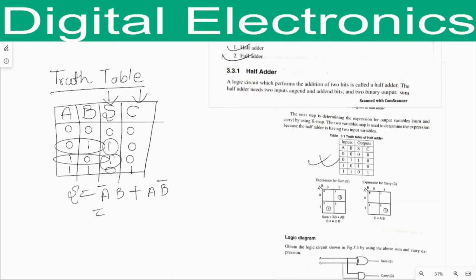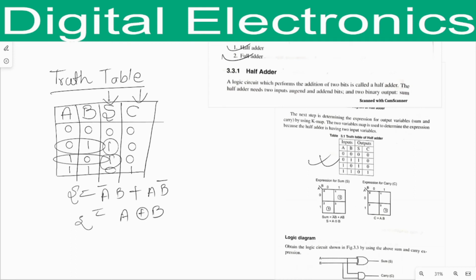This combination can also be written as A XOR B. Okay, in these notes you can see one Karnaugh map is used for simplification, but by simple analysis we don't need a Karnaugh map for its simplification.